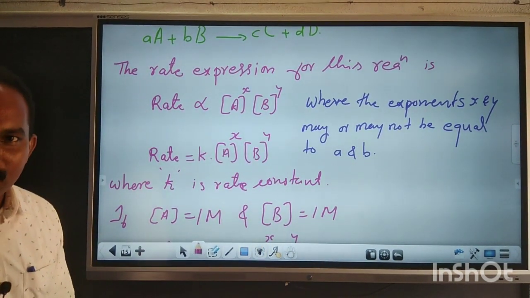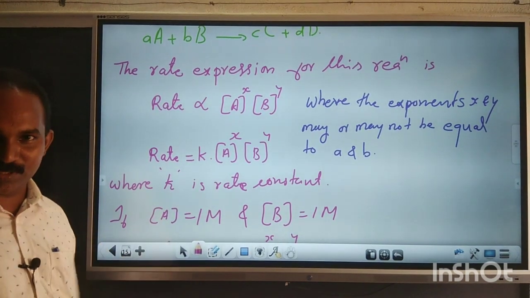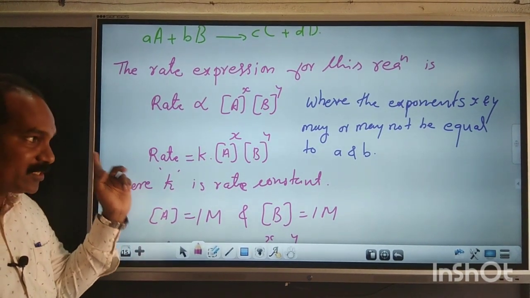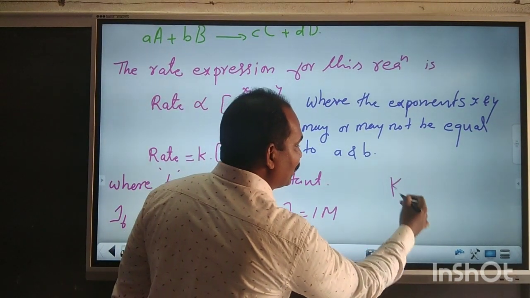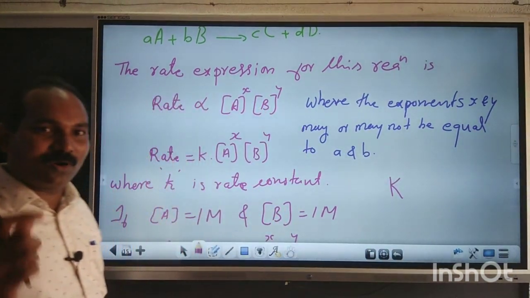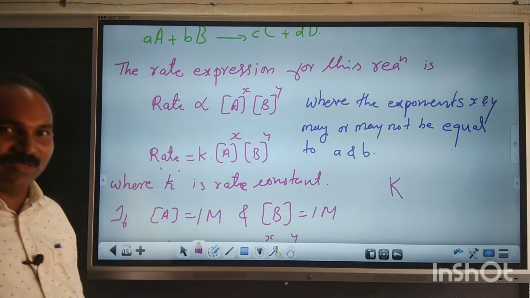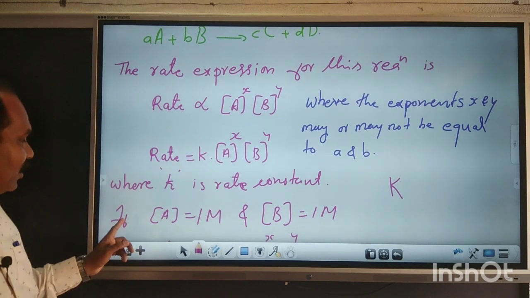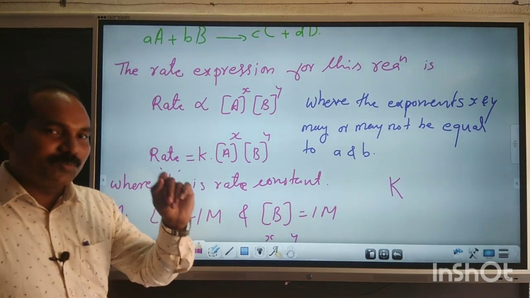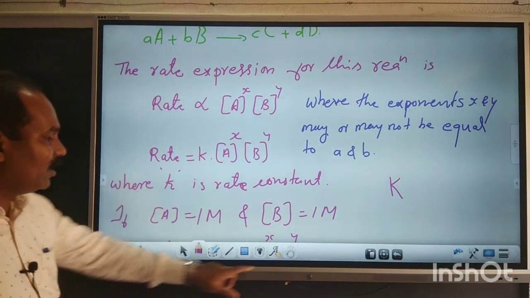What is k? k is known as the rate constant. Remember that, as earlier in plus 1, capital K is the equilibrium constant. Are you clear?